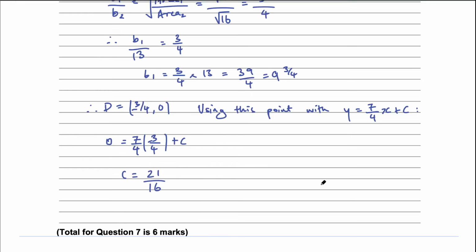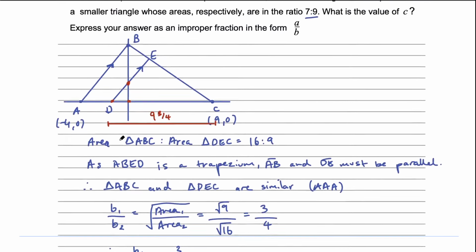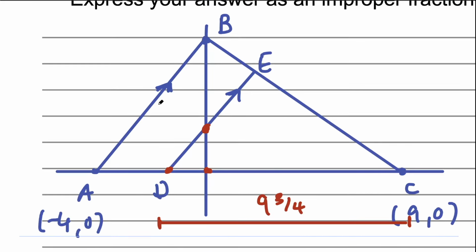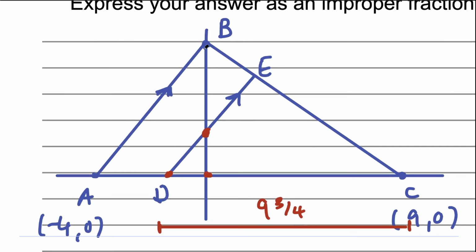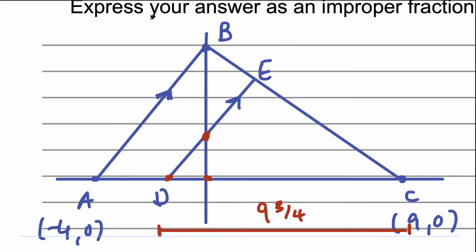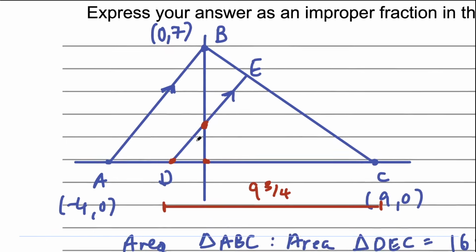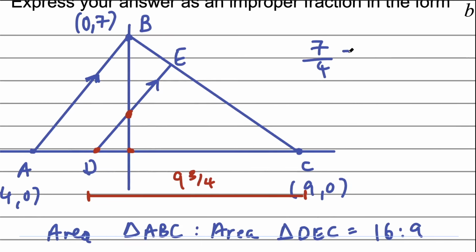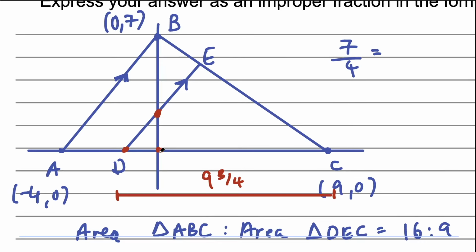And there are a couple ways to finish that off once you get this idea that the base is 9 3/4. Another really nice way is to look at these two triangles. So these two right angle triangles here, and notice that they are similar. Now remember, point B was 0, 7. So using the idea that they are similar, you can say that the ratio of those two lengths, so 7 on 4, the height over the base, equals the ratio of this little triangle here.